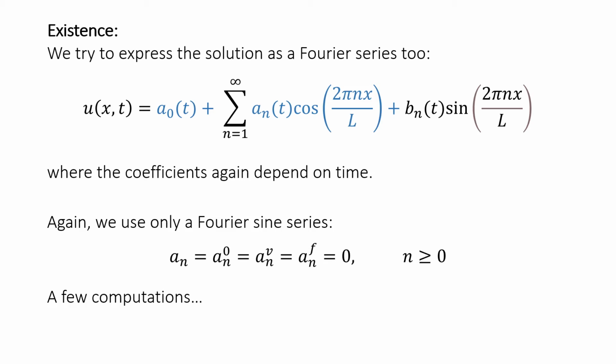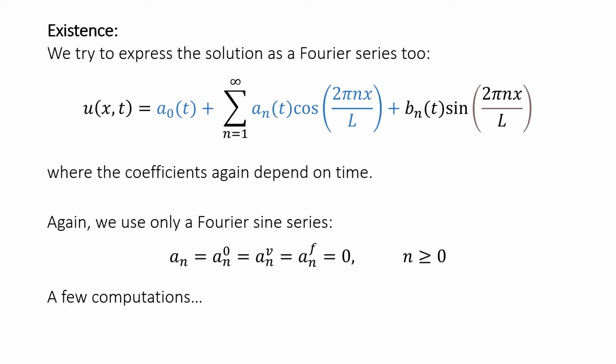So we assume that u(x,t) equals a0(t) plus the infinite sum starting at n equal 1 going up to infinity of an(t) times cosine(2πnx/L) plus bn(t) times sine(2πnx/L).